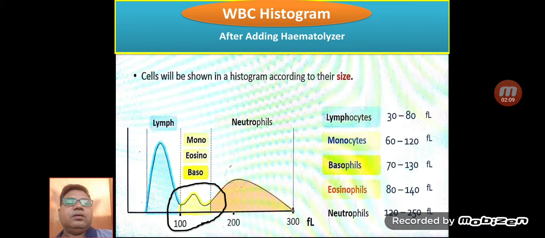When we add the hemolyzer or lyser in the cell counters, there is a drastic decrease in the size of these cells, and this size is used to differentiate them. Lymphocytes attain a size of 30 to 80 femtoliters, whereas monocytes, basophils, and eosinophils range from 60 to 140 femtoliters, and neutrophils gain a size of 120 to 250 femtoliters. So this is a typical WBC histogram which can be differentiated depending on the size of the cells.